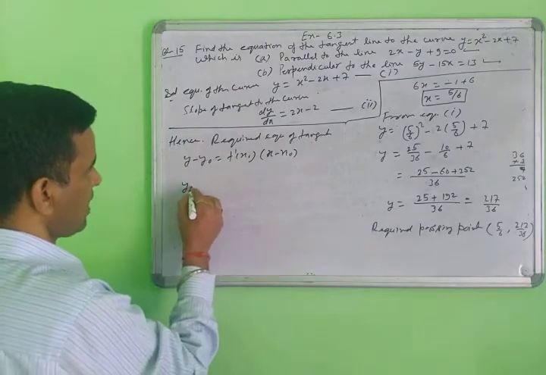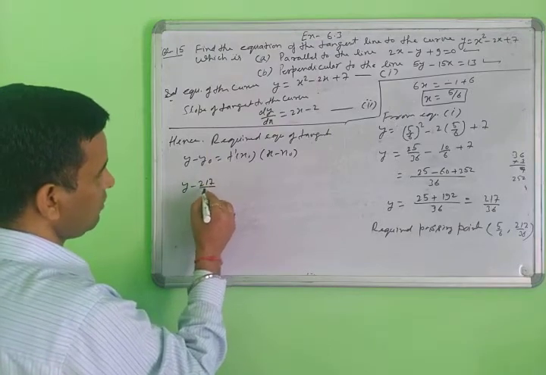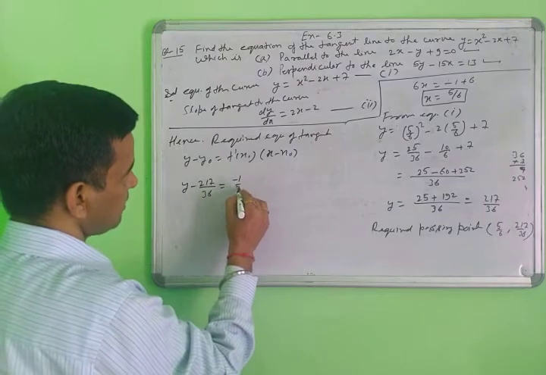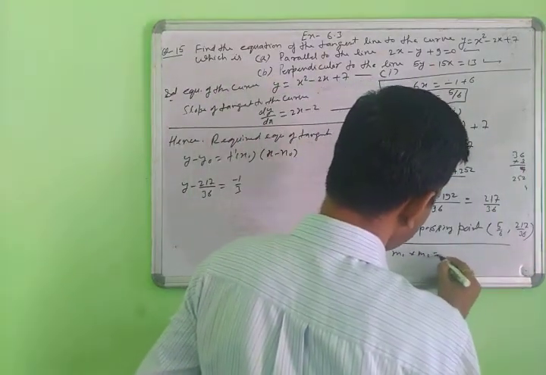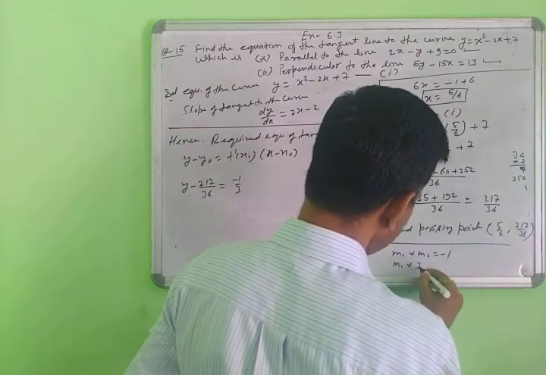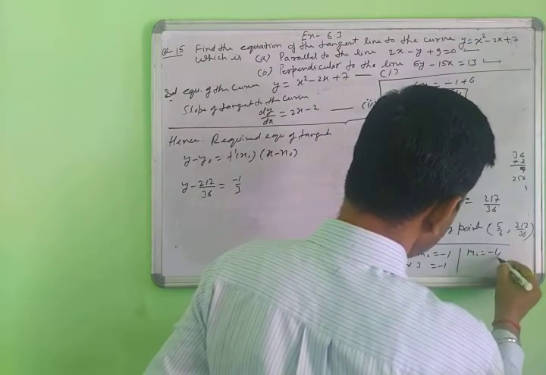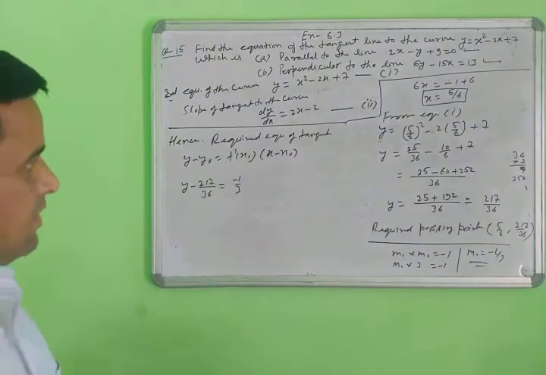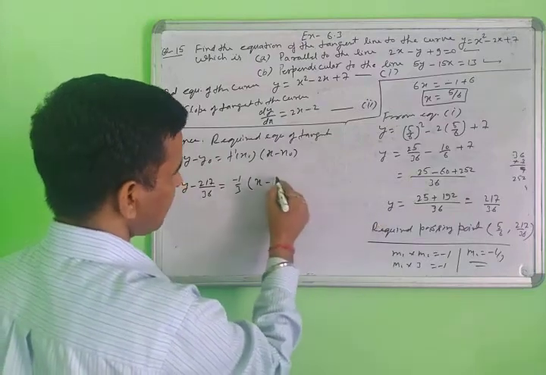So y minus 217 upon 36 equals minus 1/3. It is minus 1/3 because m1 into m2 equals minus 1, and the slope of the line is 3, so m1 equals minus 1/3. With this you find the slope of the tangent. So, times x minus x naught, where x naught is 5/6.